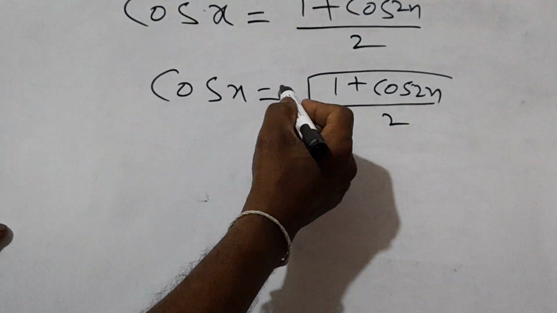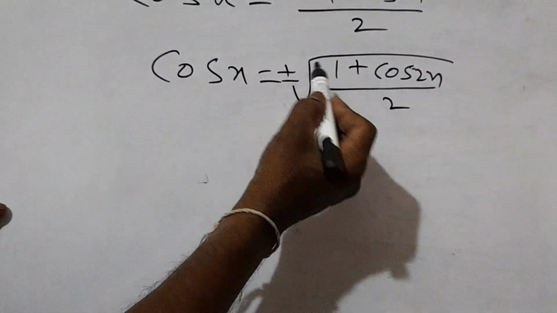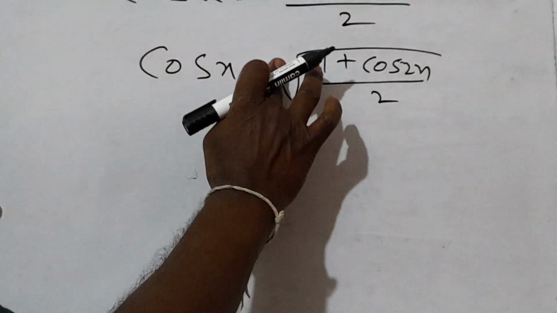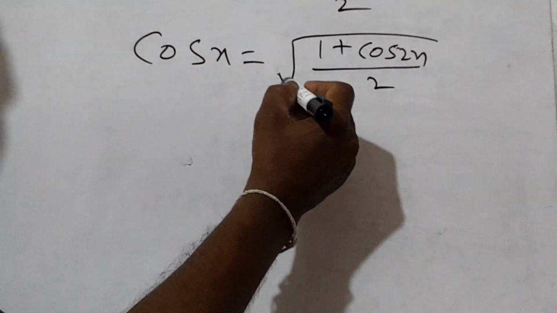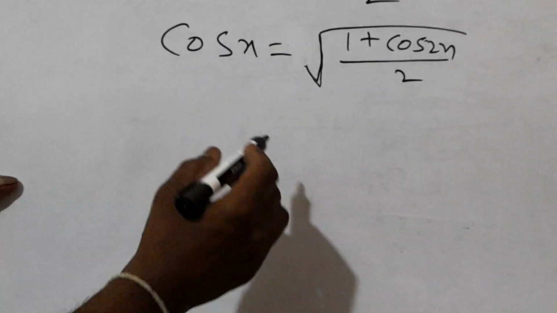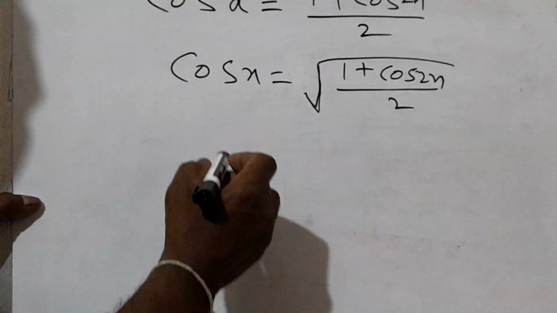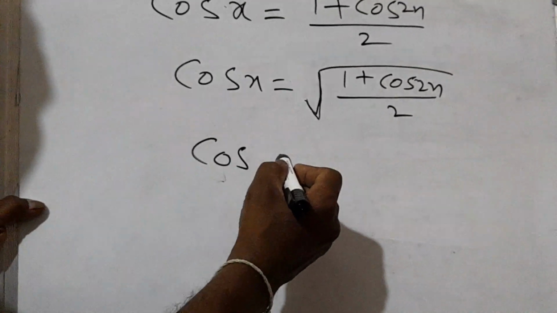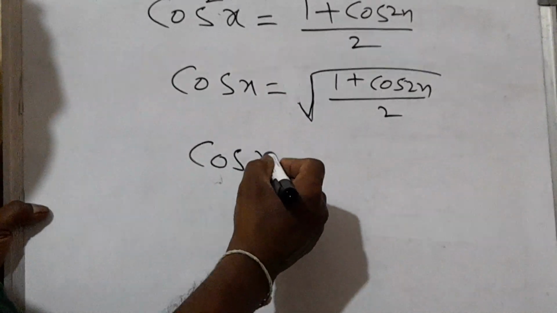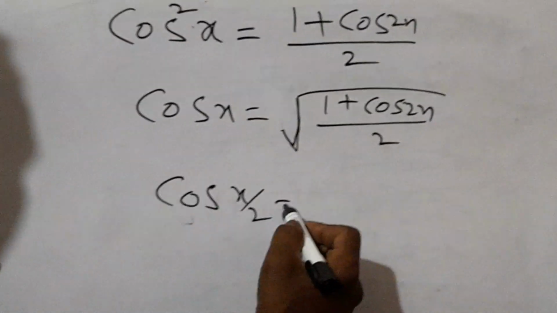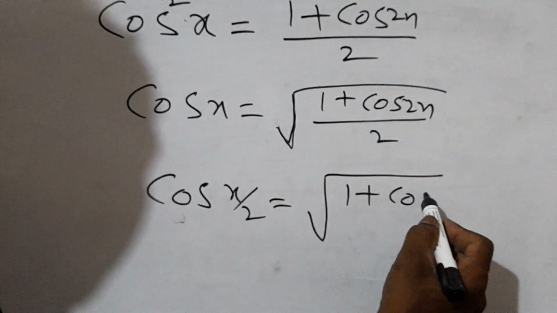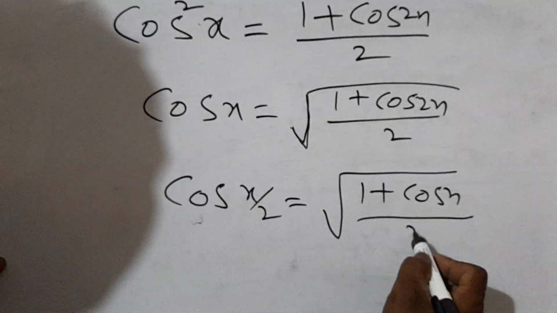Usually whenever we take a square root, in front there should be plus or minus, meaning it can be either plus or minus. You know that, that's why I am not explaining. So here, why is it a half angle formula? Let us see. If you write this as cos x by 2, then it becomes 1 plus cos x by 2.